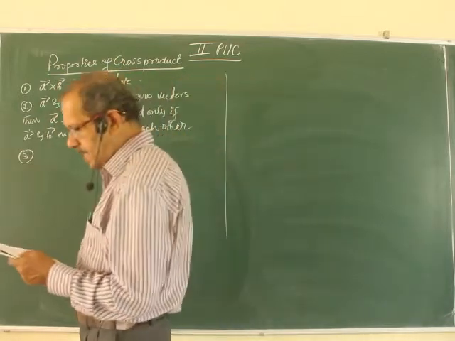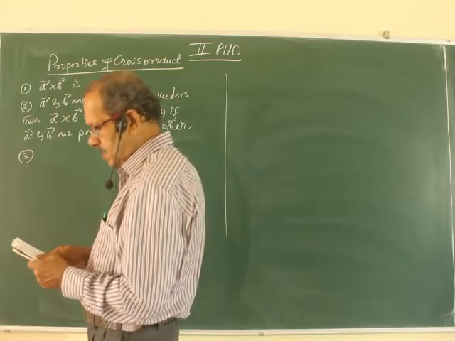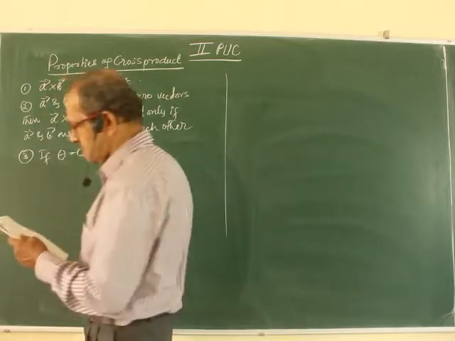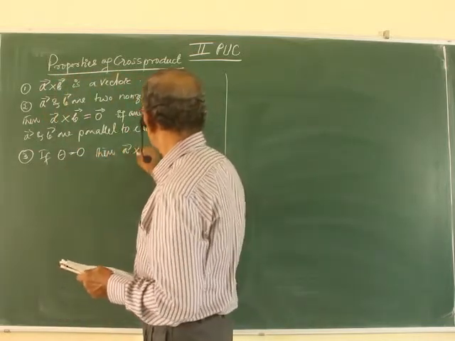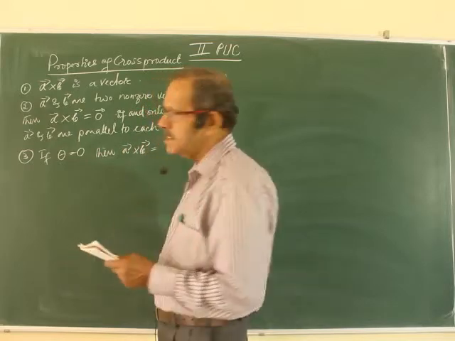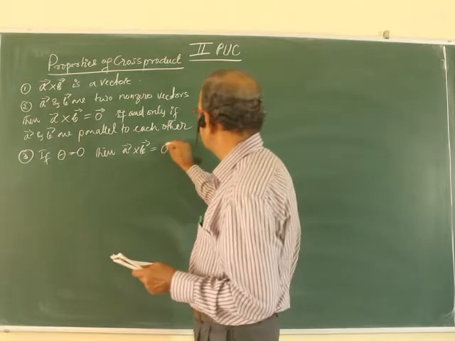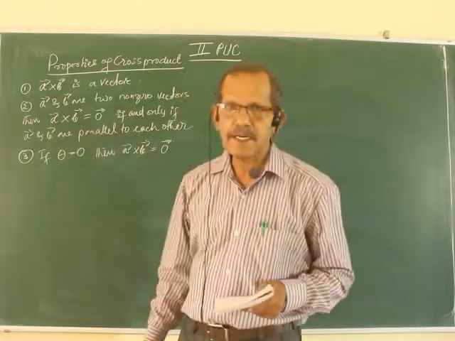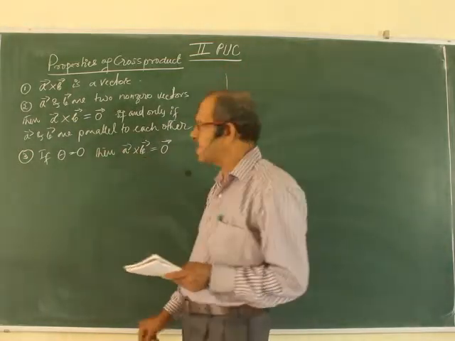Third one is, if theta equal to 0, then A cross B is 0 vector. That is correct, same thing. Angle between the vectors, if it is 0, no doubt their cross product should be 0 vector.